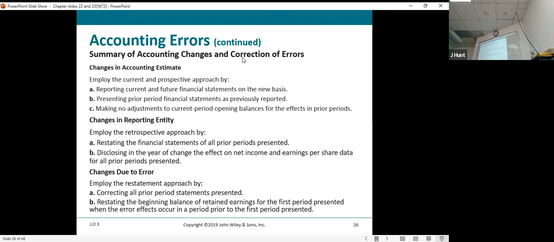When you have errors, you have to correct all the prior period statements. And then for the current statement, you have to restate the opening retained earnings for the first period presented where the error effects occurred. So that's a lot. Imagine if you made a mistake and you realize that the error went back 5 years, you have to go through those 5 years and fix it, reissue. And then for the current year, you show the cumulative impact.